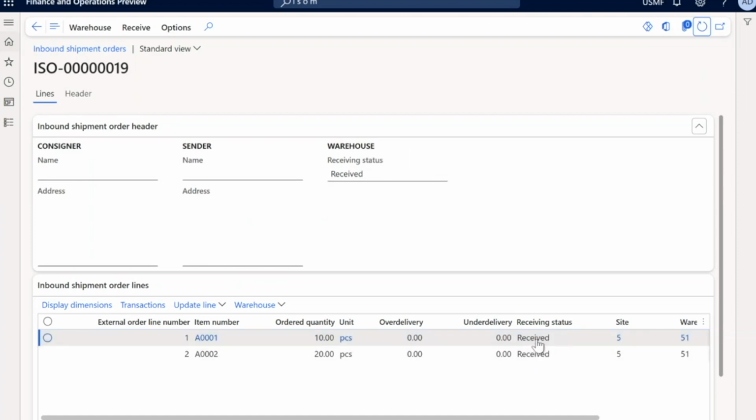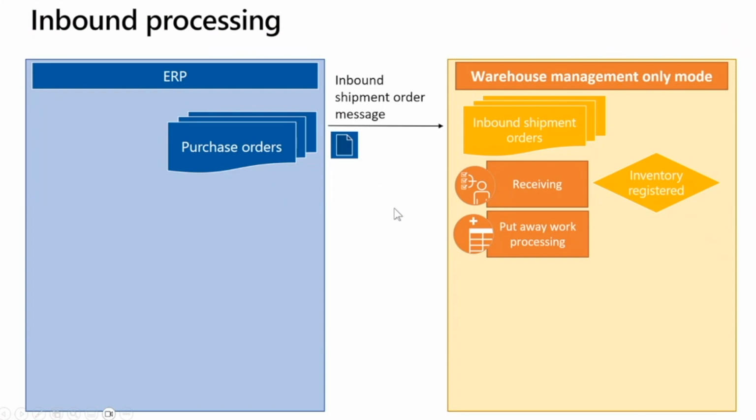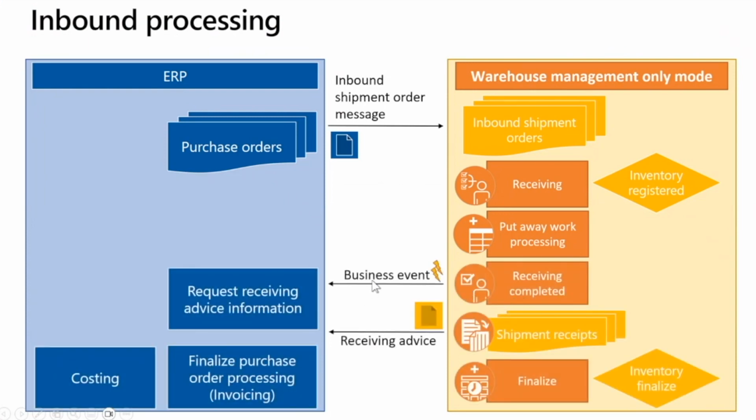The important thing here is that the receiving completed process did create a business event. On top of that, it has created data in a shipment receiving journal.